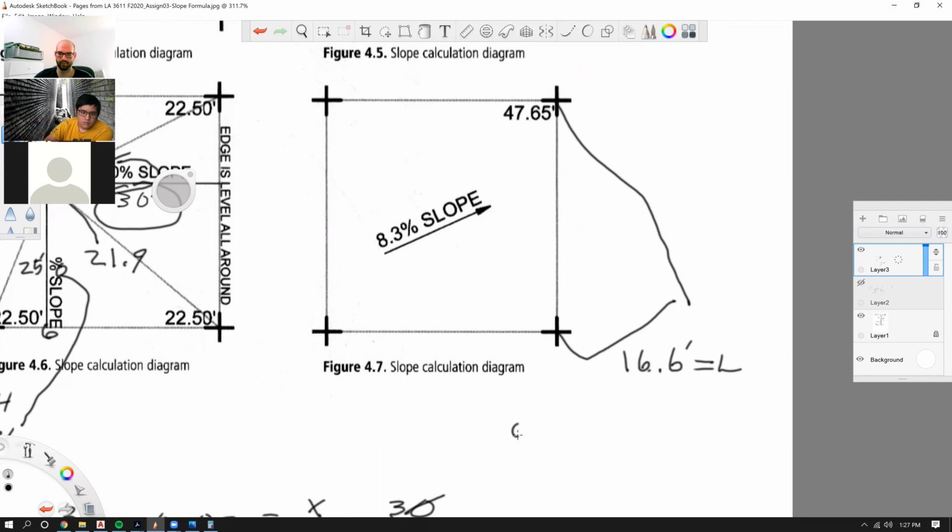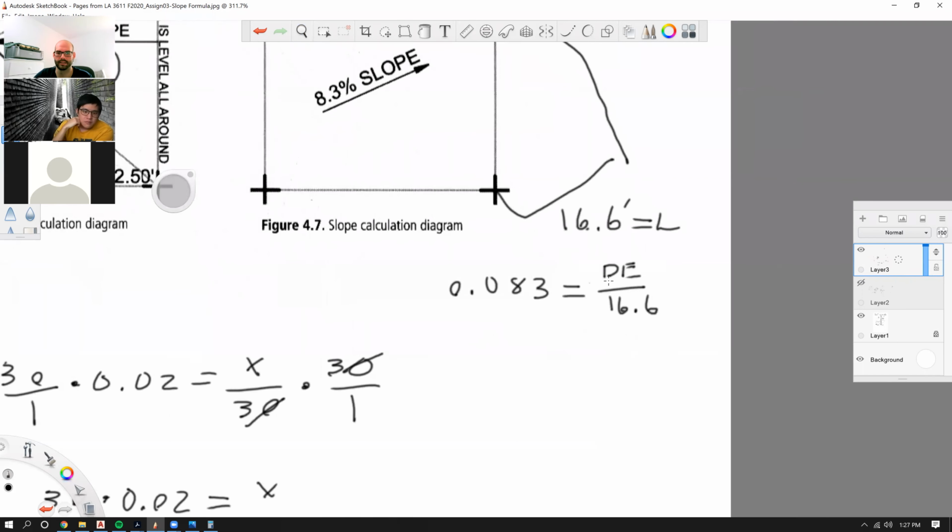Slope is 0.083 equals DE over 16.6. So what we're going to do to get DE by itself is multiply both sides by 16.6.